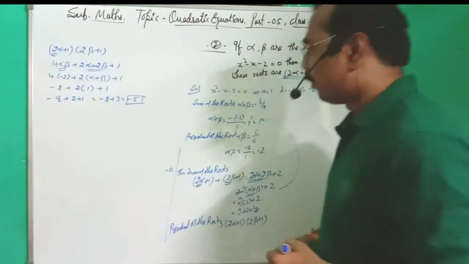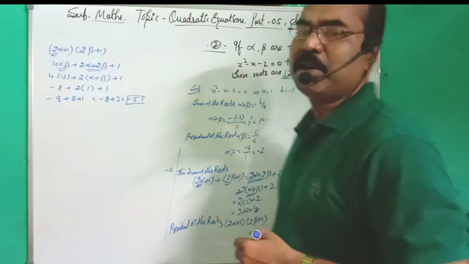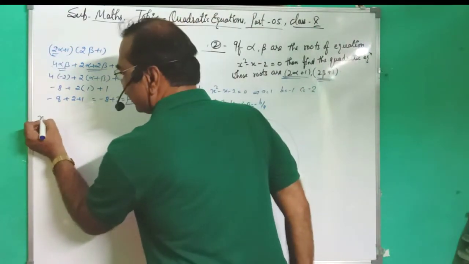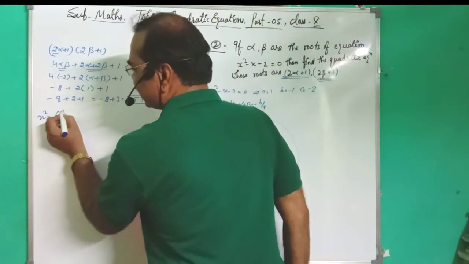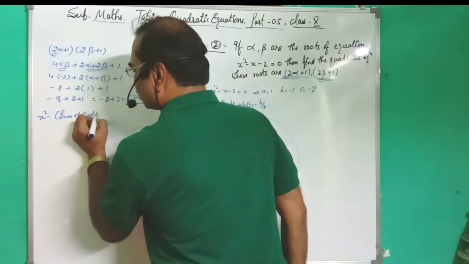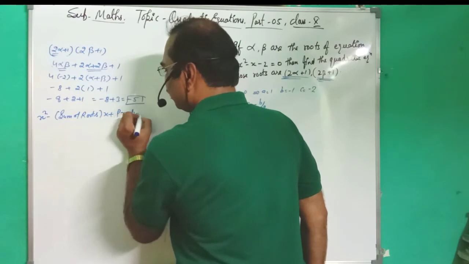So now our question is to make the quadratic equation whose roots are 2 alpha plus 1 and 2 beta plus 1. Our formula is x square minus sum of the roots times x plus product of the roots.